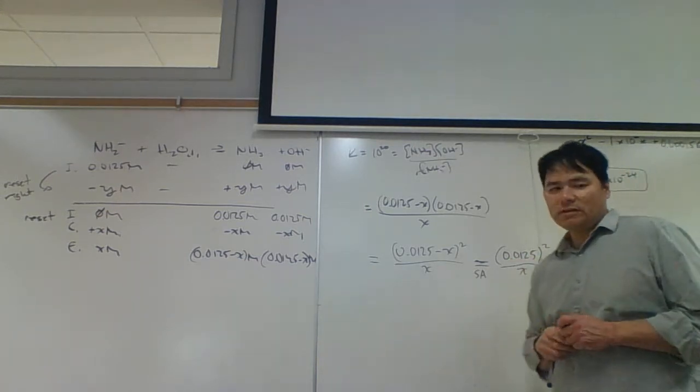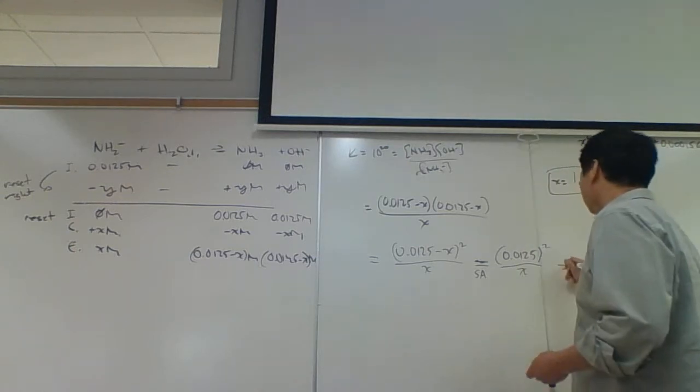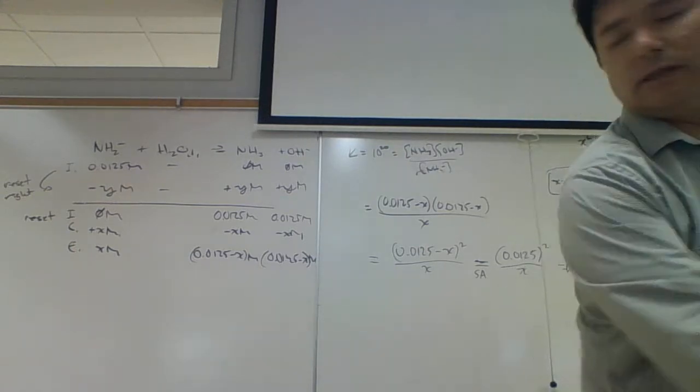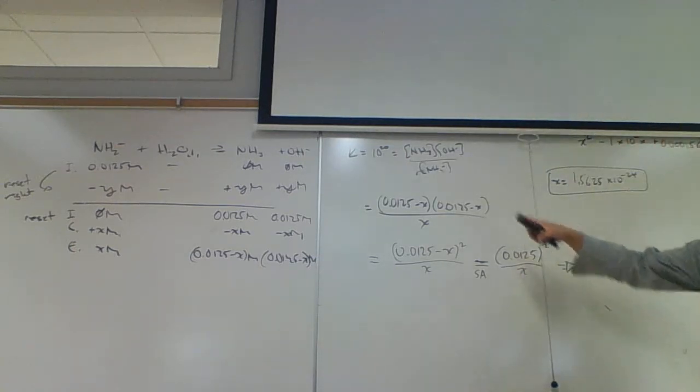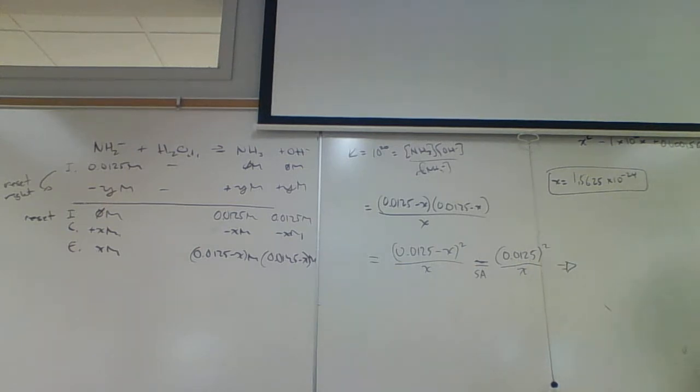Let's solve this for x. x is equal to 0.0125 squared divided by 1 times 10 to the 20th.